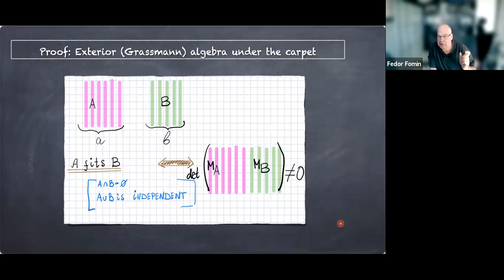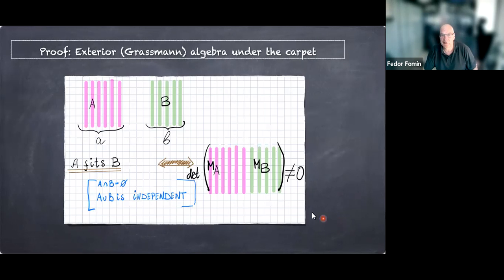If I have two sets A and B, and A fits B, you remember what that means in our language: the sets A and B are disjoint, and the union of A and B is an independent set in the matroid. The observation is the following.